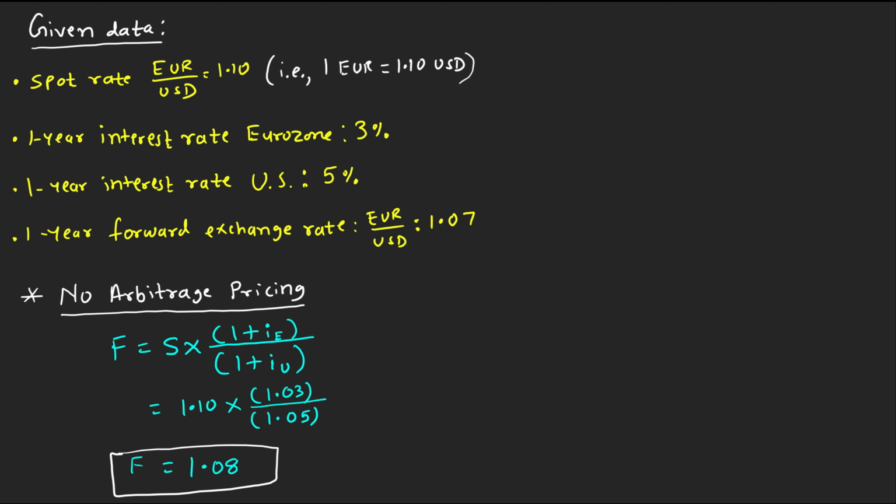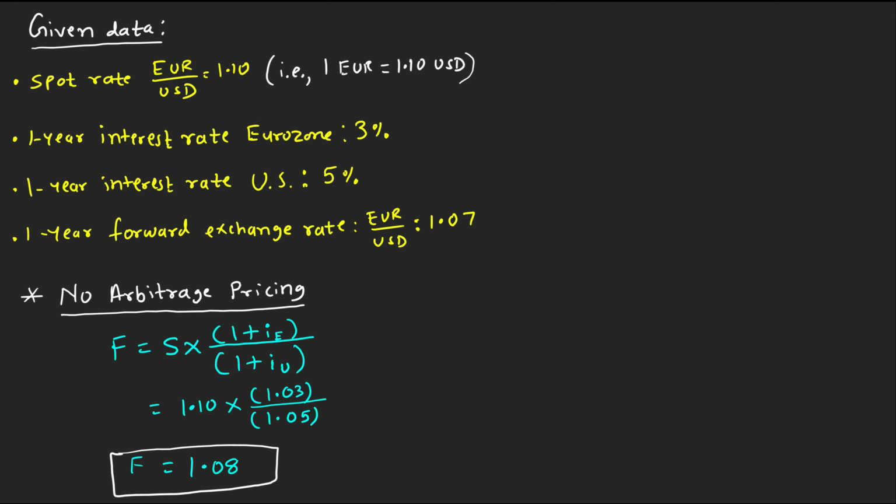So what is no arbitrage pricing? It's a price that prevents any risk-free profit from trading assets. Given the information we have about the spot and the interest rates, the 1 year forward exchange rate should be 1.08. This is the no arbitrage forward rate, but for the sake of this example, let's say we have a 1 year forward rate of 1.07, which will create an arbitrage opportunity.